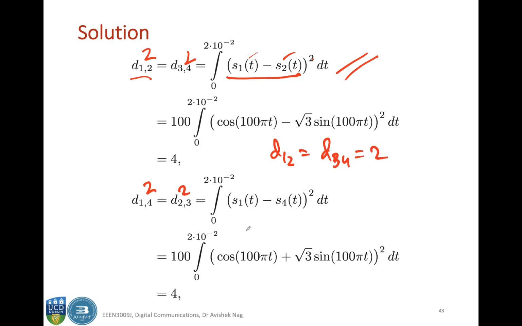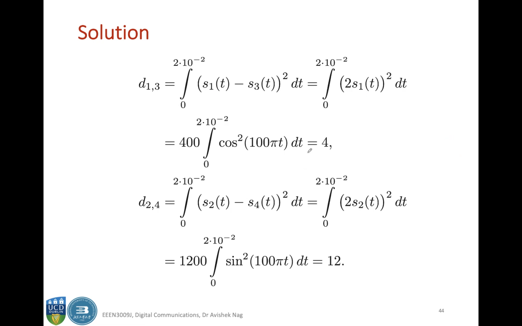Similarly, D14 is also 2, and D23 is also 2. Now D13 is also 2, and D24 is square root of 12, that is 2 root 3.